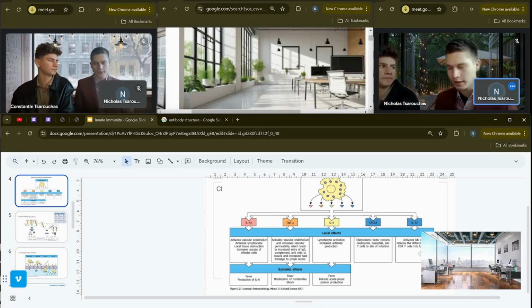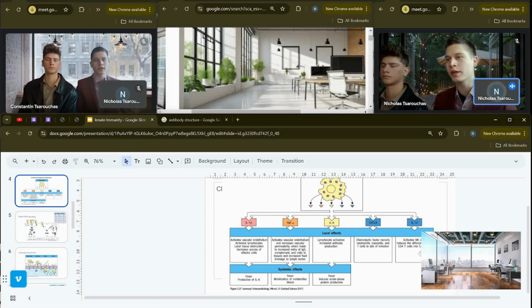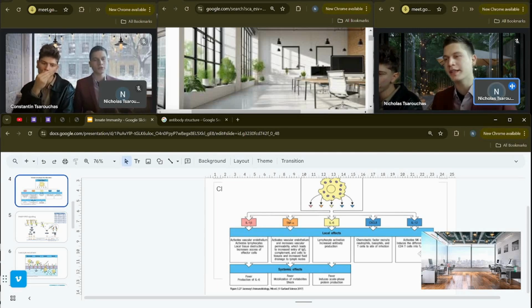Interferons are really important and are involved in your viral-mediated response. They act to produce this antiviral state, typically downstream of your different PRRs, your pathogen recognition receptors.